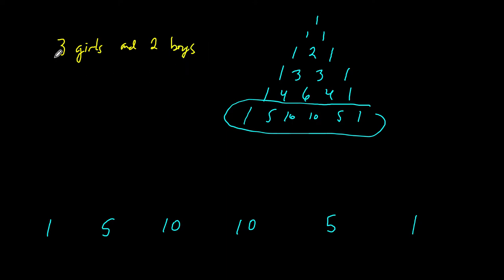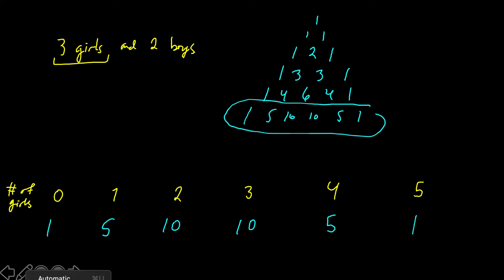Let's say we focus on the girls. We can have 0 girls, meaning all the children are boys. We can have 1 girl, 2 girls, 3 girls, 4 girls, or 5 girls. These numbers in the blue pen tell us the number of ways we can have 0 girls, 1 girl, 2 girls, 3 girls, 4 girls, and the rest.